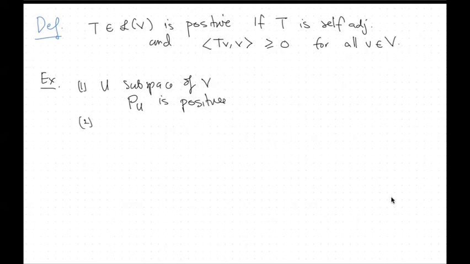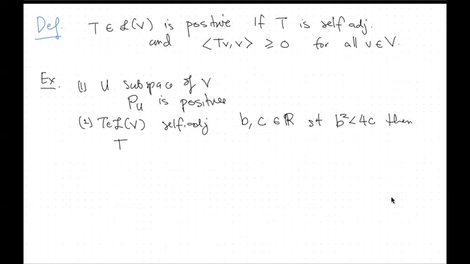And number two, if we have T self-adjoint, and we have, say from the previous example, b and c elements of R such that b squared is less than 4c, then the operator defined this way, T squared plus bT plus cI, is positive too.